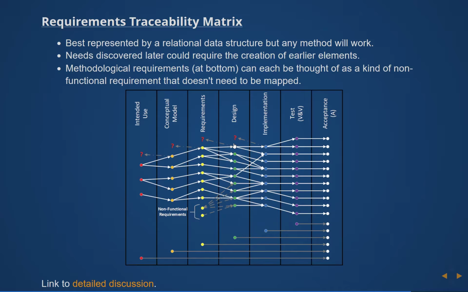Similarly, you can create a new design requirement for a design, a new conceptual model item for a requirement, and you can even create or modify intended uses. So that shows the iterative nature of this whole process.